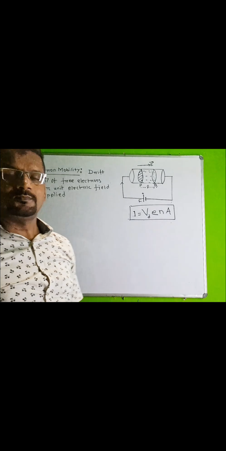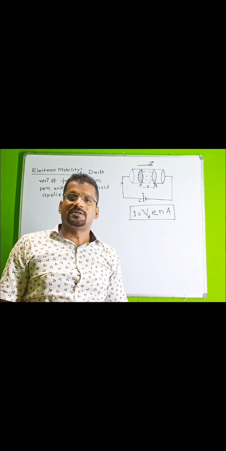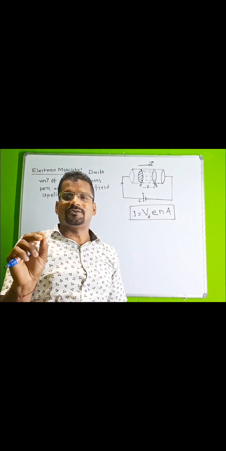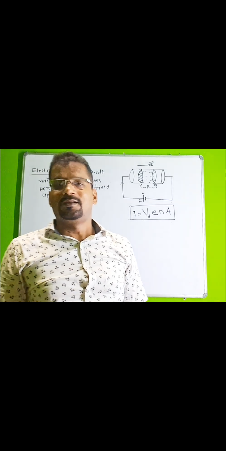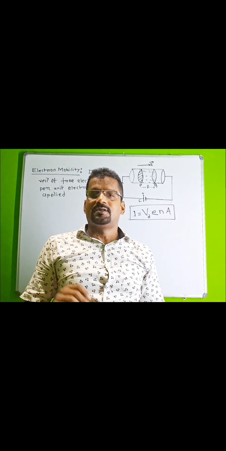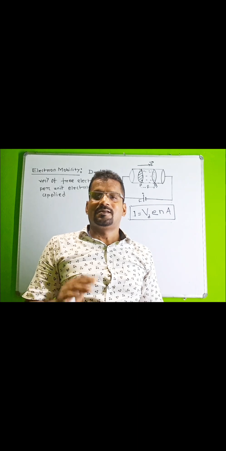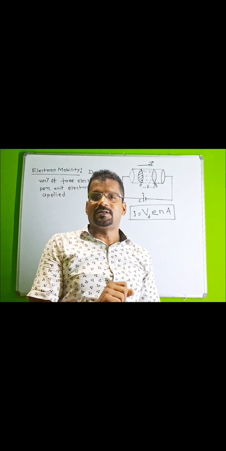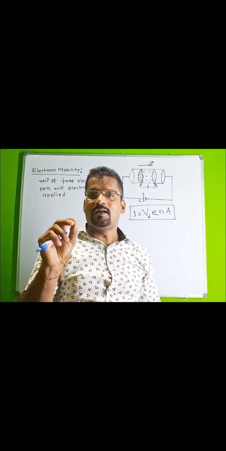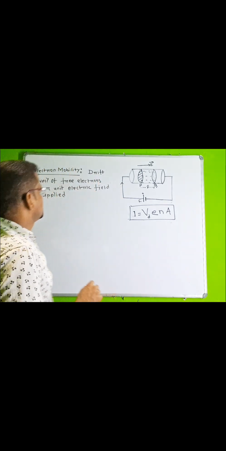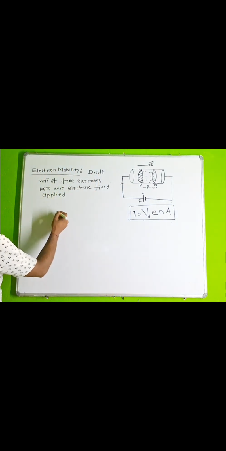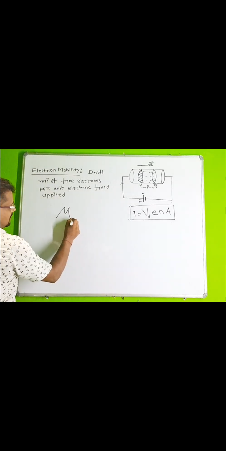Now in the second case, we are going to introduce some terms. First is electron mobility. What is electron mobility? Electron mobility of free electrons is defined as the drift velocity per unit electric field. It is denoted by mu e.